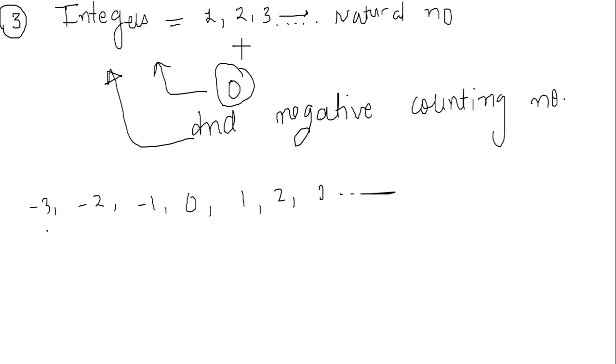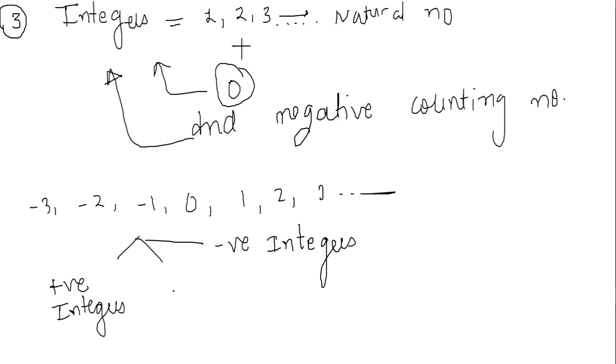If we have to categorize these integers, we can categorize them into three different types. The first type is positive integers. It means all the positive counting numbers are called positive integers. All the negative counting numbers are called negative integers. The third type is non-positive and non-negative integer.